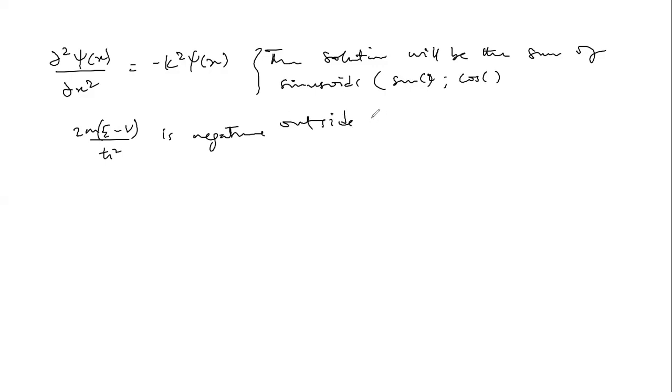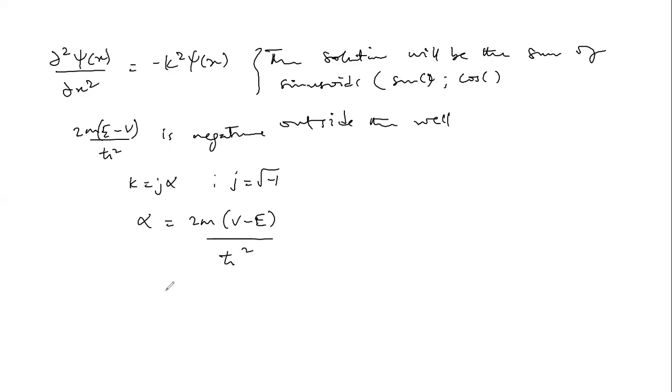Outside the well. We've been able to establish that inside the well it is positive. So if that's true, then it means that k will be the same as j alpha, where j is the square root of -1. So it means that alpha squared will be 2m(V - E)/h-cross squared, because V is larger and E is negative.